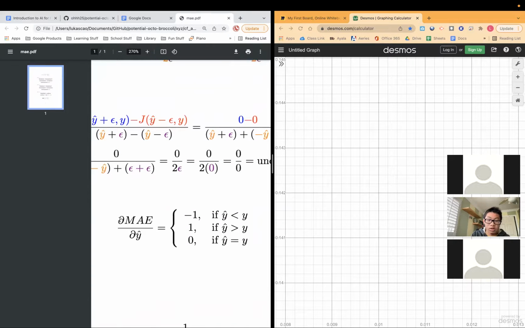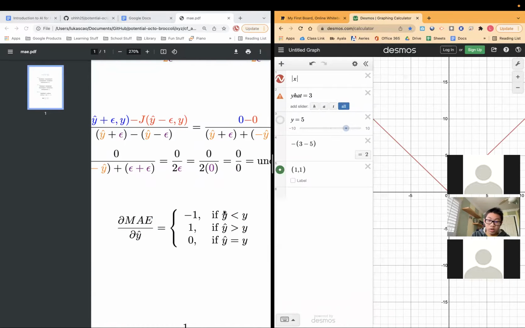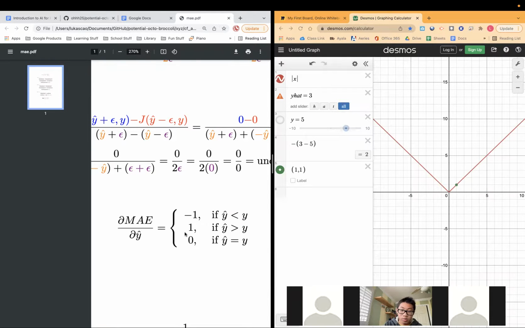The slope at every point is going to be -1 if your prediction is less than the correct value. If your prediction is greater than your actual value, then you get a slope of 1. And if they're the same, then the slope is 0.